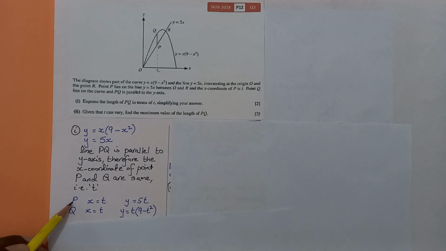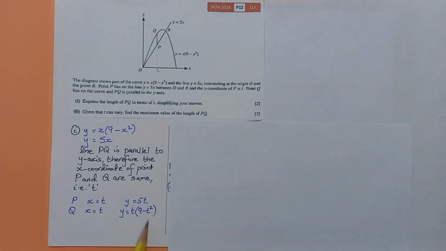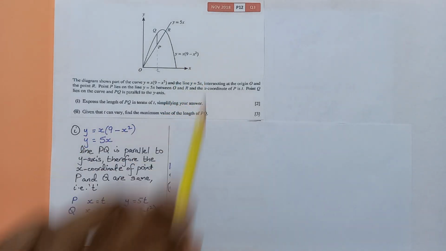So the x coordinate of point P is x equals t, and the y coordinate is y equals 5t. Similarly, Q also has the x coordinate t, and we know the equation of the curve, which is y equals x(9 minus x squared).